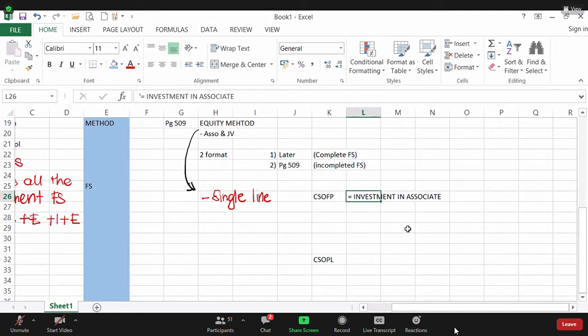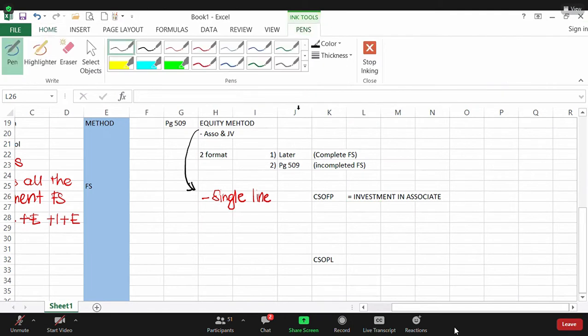So where do you put this one? The word investment in the SOFP, is it an item of liability or asset? Asset, right? In the asset, we have non-current and also current. It was under non-current asset.